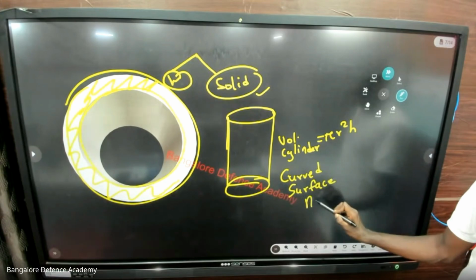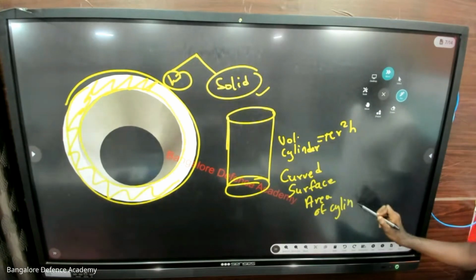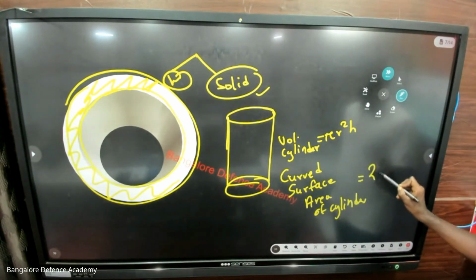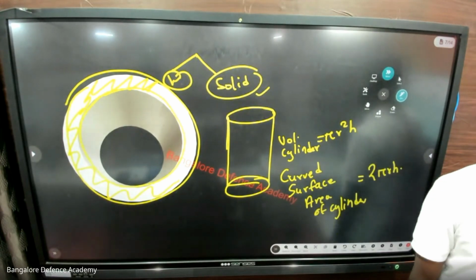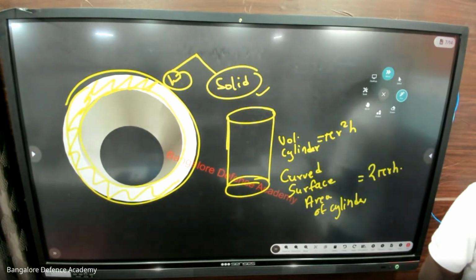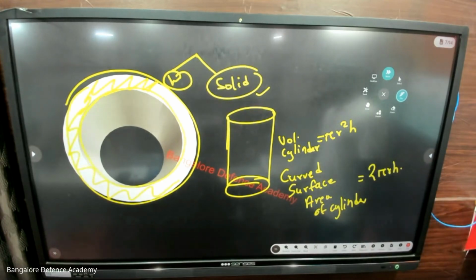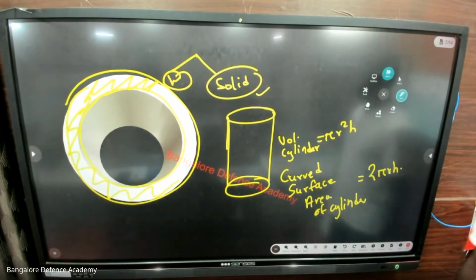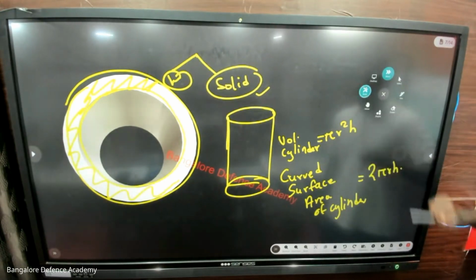Curved surface area of cylinder is 2 pi r h. Written? Okay.